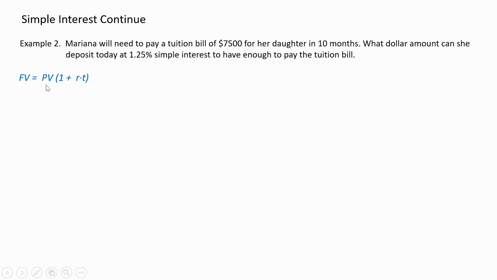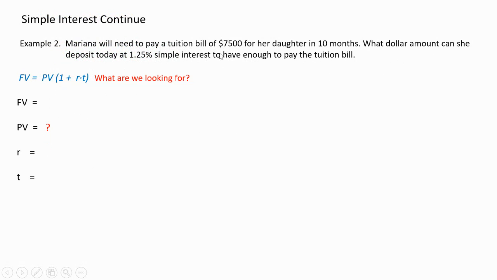Here, guys, we have to use this formula here. Why is that? Because she wants this amount, the tuition bill of $7,500, in the future, in 10 months. So in other words, we're trying to find what dollar amount can she deposit today. So we're looking for the present value.